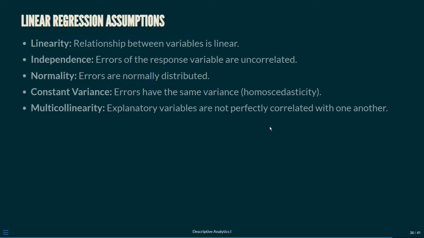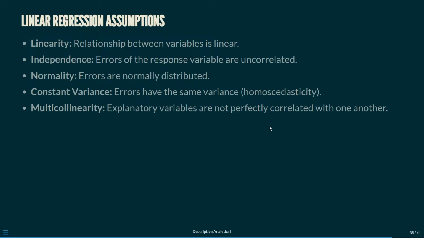Now the assumptions for linear regression. First, the relationship between variables is linear, or linearity. Second is independence. Errors of the response variable are uncorrelated. Third is normality. Errors are normally distributed.